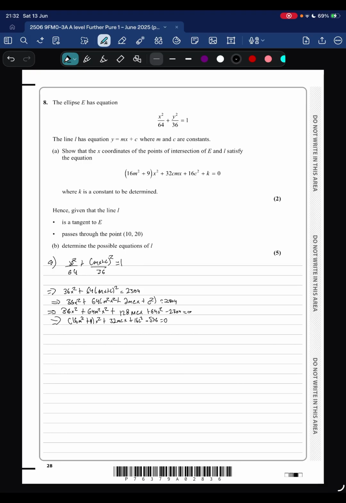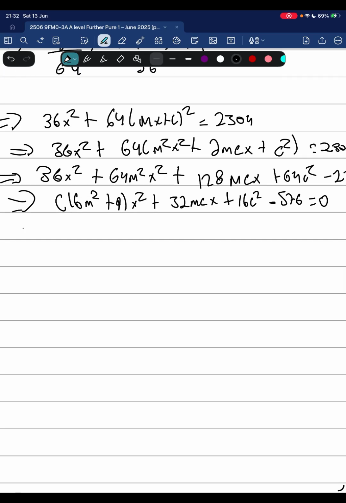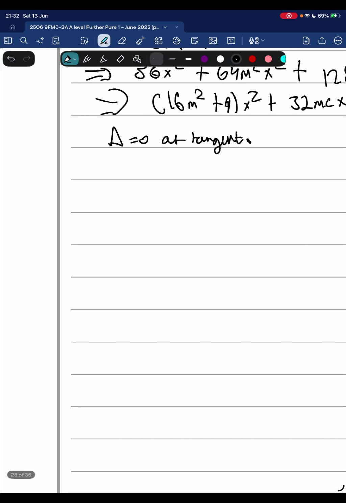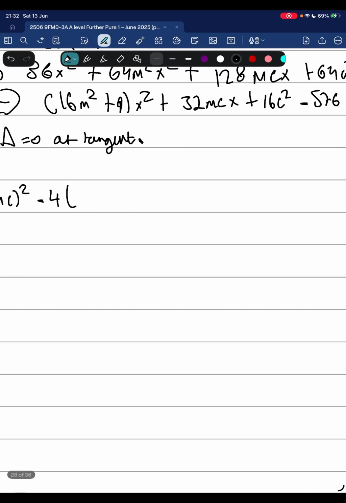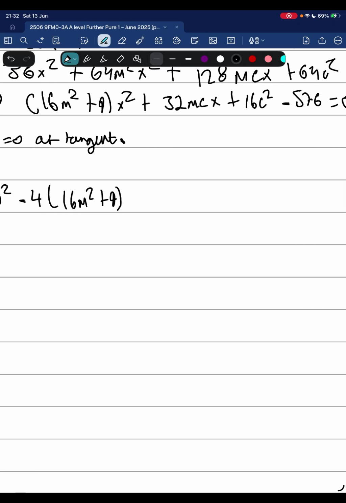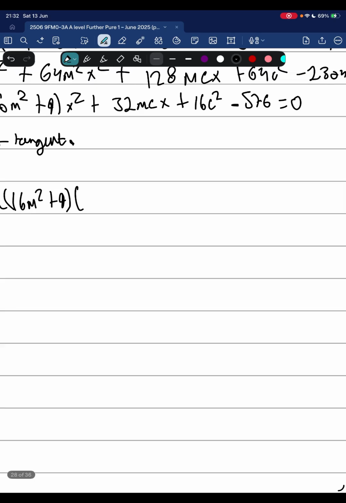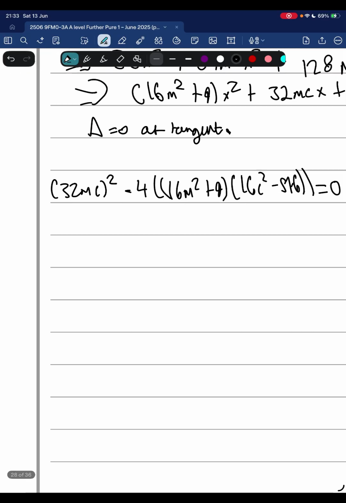So it's a tangent, so we know the discriminant equals 0, right? But we're also given that 20 equals 10m plus c. So the discriminant equals 0 at tangents. So what we know is (32mc) squared minus 4 times (16m squared plus 9) times (16c squared minus 576) equals 0.